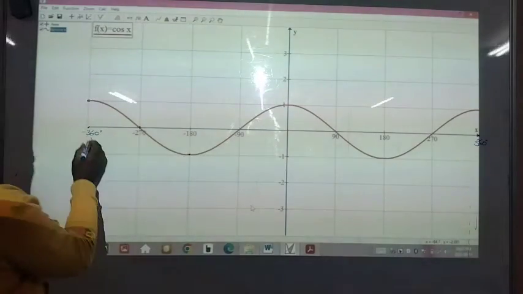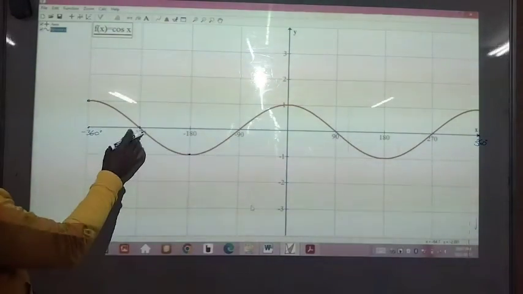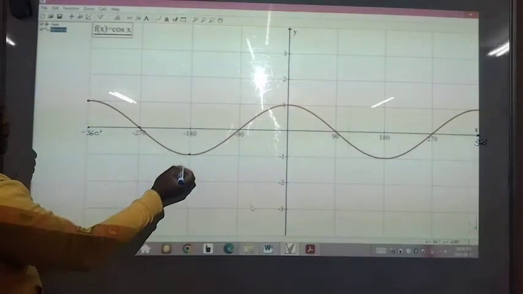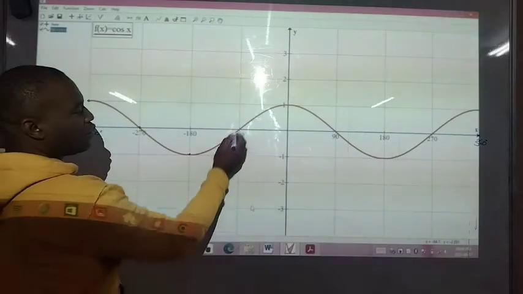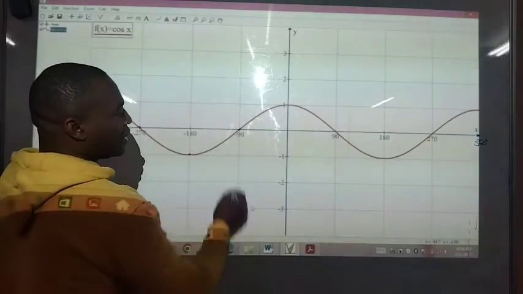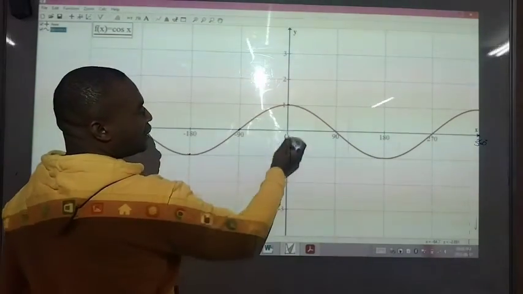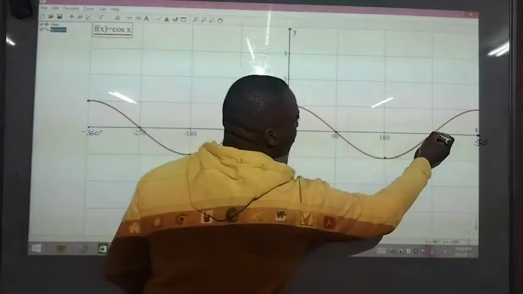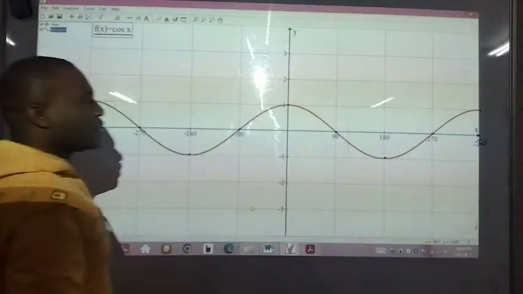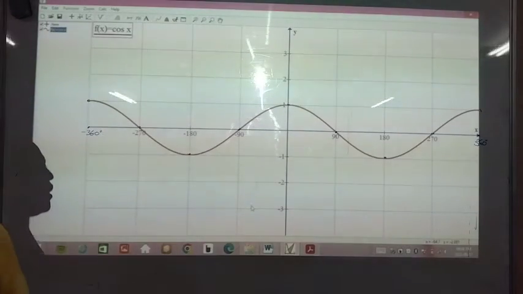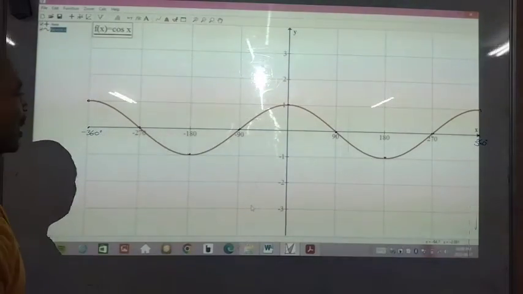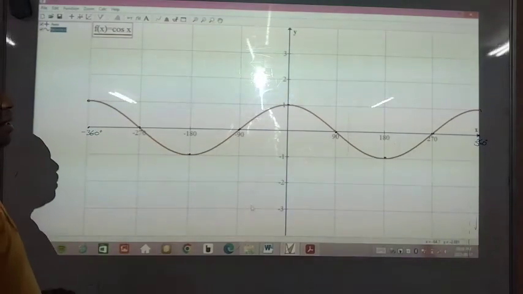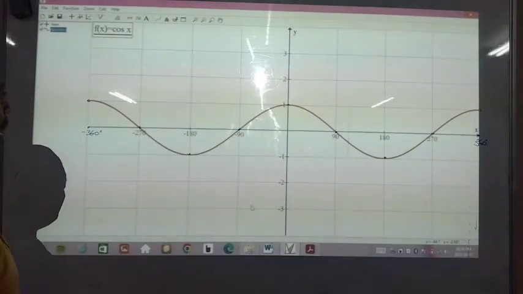So we can see that at negative 360 it is 1, at negative 270 it is 0, at negative 180 it's negative 1. At negative 90 degrees it is 0. At 0 degrees it is 1. And then the points move like that. So the shape is the same. The only difference is that the points where the graph passes are different from the graph of sin x.